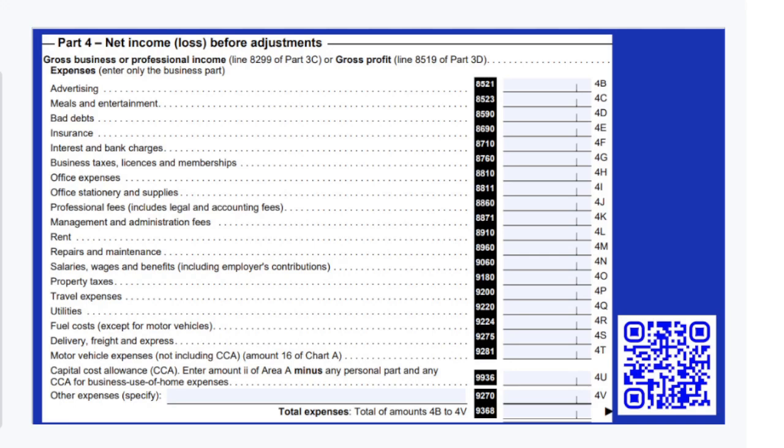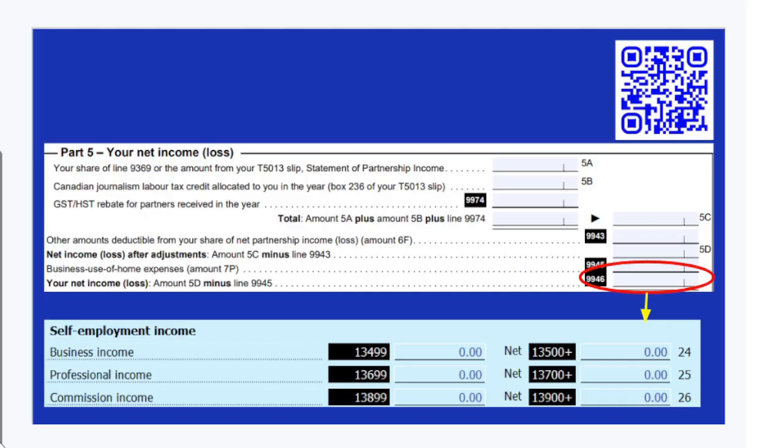With that, you add that up, and then you're going to come up with your total expenses. With the total expenses, you take that and subtract that from your income, the one that we had before. That's your total revenues, and that's where you come up with your net income. And with the net income, that is where you enter that number into the self-employment portion of the T1 on the right hand side, the net.